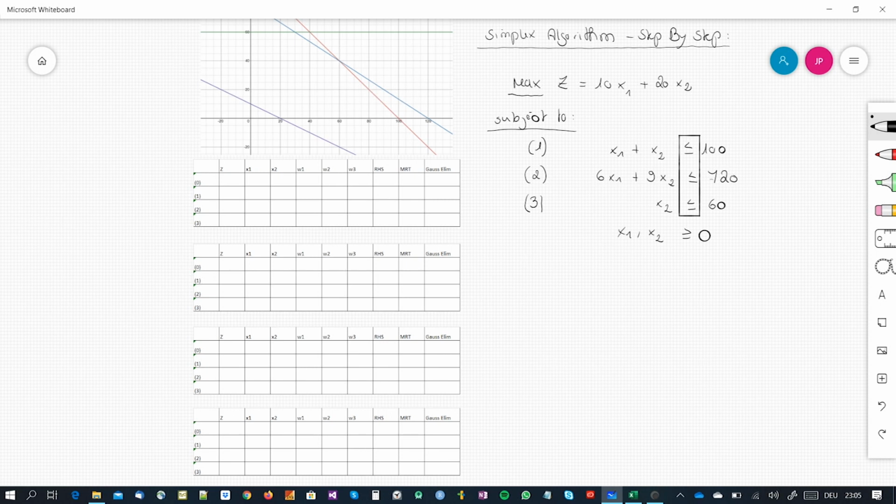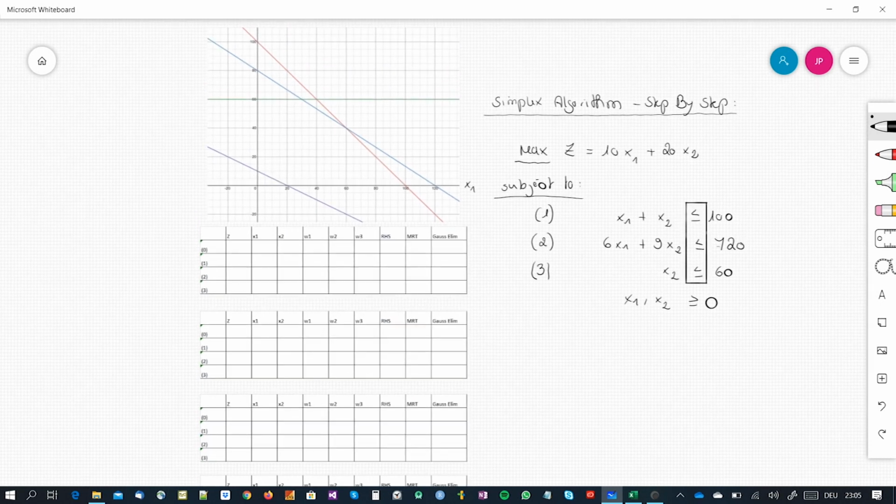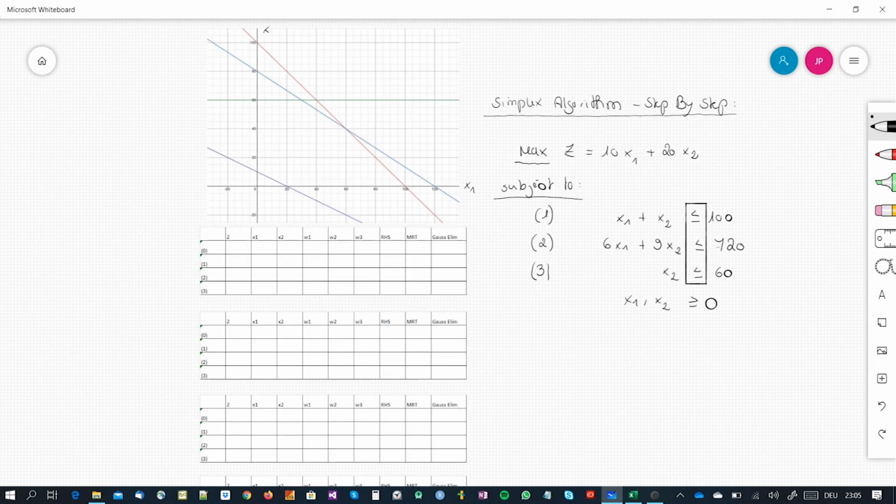If we look at the graphic, we can depict it because we have just two variables, where we have the x1 variable given on the x-axis and the x2 variable depicted on the y-axis. Let's have a look.